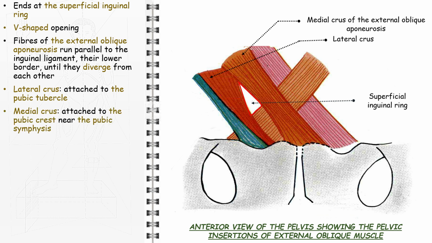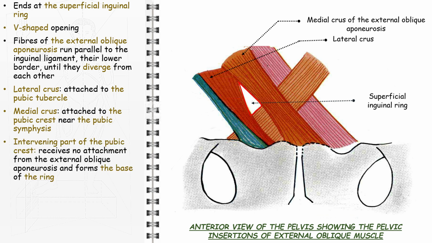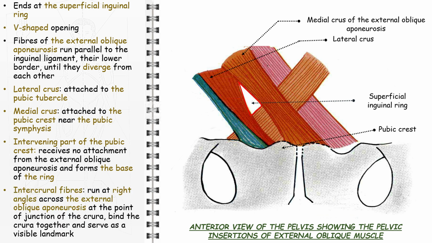The intervening part of the pubic crest receives no attachment from the external oblique aponeurosis and forms the base of the ring. The intercrural fibers run at right angles across the external oblique aponeurosis at the point of junction of the crura, bind the crura together and serve as a visible landmark. As the superficial inguinal ring is rounded by the intercrural fibers, it is columnar and 2.5 cm deep and 1 cm wide.